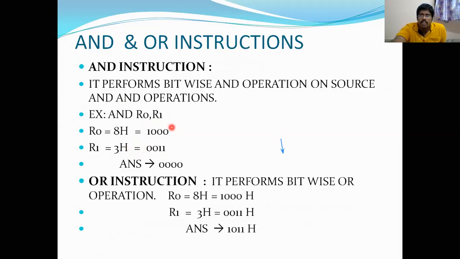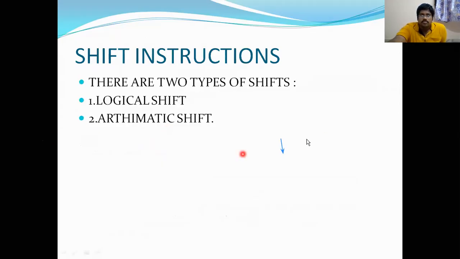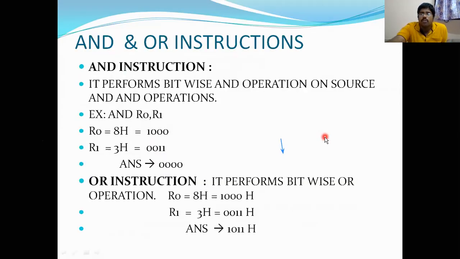I think you are all very familiar. We write the 8 4 2 1 code. I think you are very much aware of this, that's why I'm not stressing this concept. How can I write 8 as 1000? You have 8 4 2 1. How do you get that 8 4 2 1? 2 power 0, 2 power 1, 2 power 2, 2 power 3.